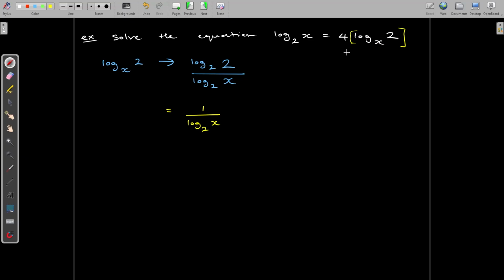So now if we were to rewrite our equation, we will have log base 2 of x is equal to 4, and then that 1 over log base 2 of x. Now this 4 here is simply multiplying, so we can say log base 2 of x is equal to 4 over log base 2 of x.